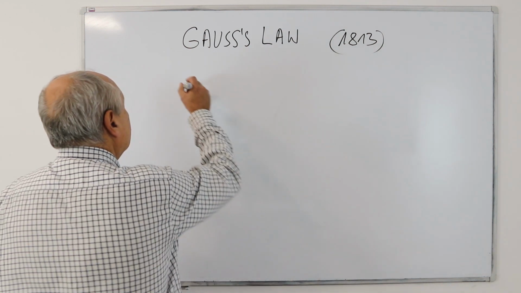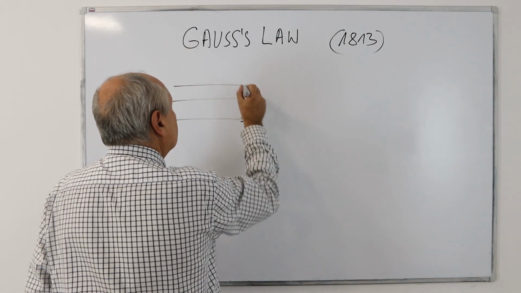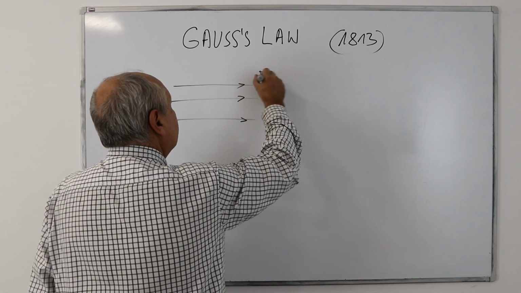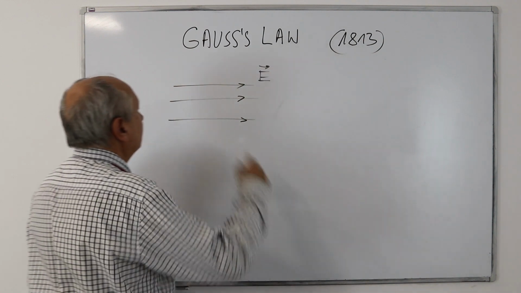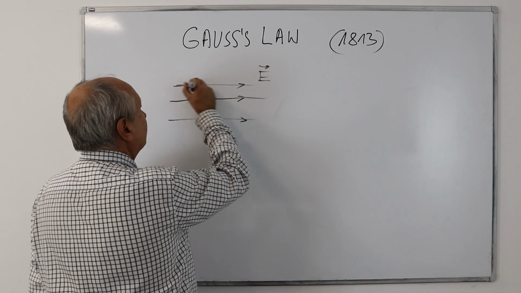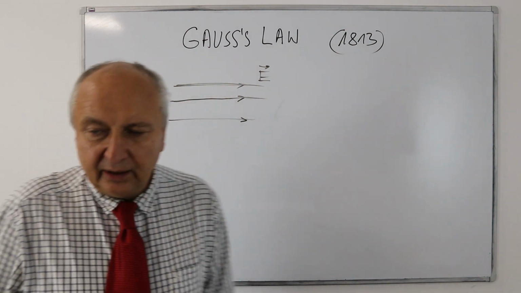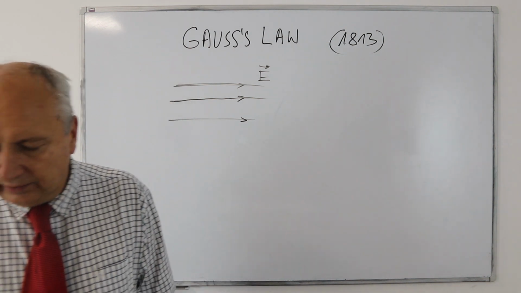Let's have a line, for example, this is a line of vector E, the electric field, but here you can have any vector field.